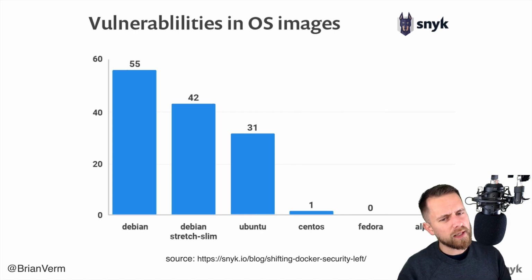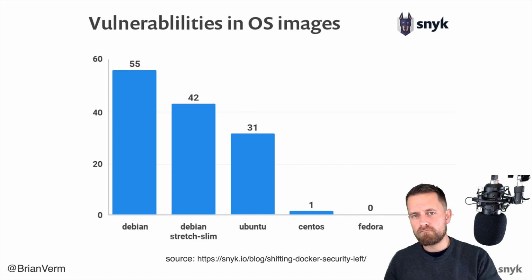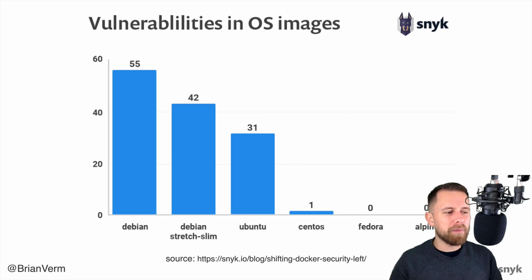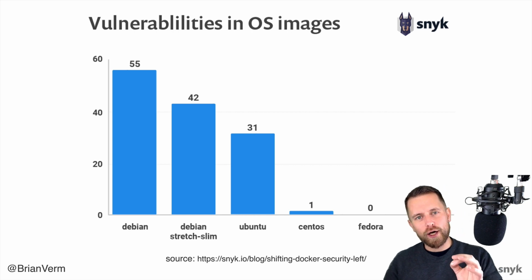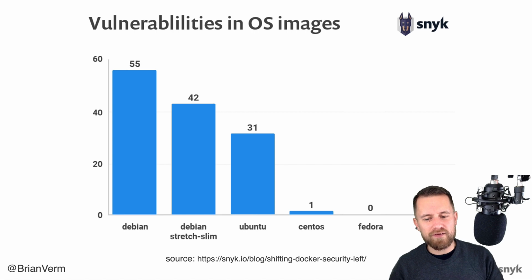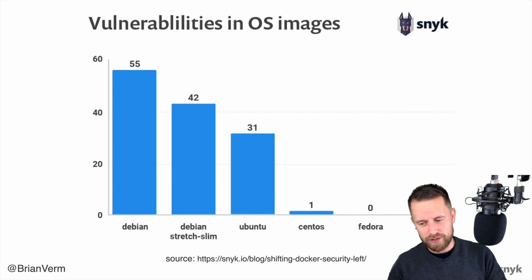That makes you think: do you actually need a full-blown operating system to run your Spring Boot application or your Quarkus application? Probably not. So not just taking the latest image like you see at the first bar with Debian, but taking, for instance, Debian Stretch Slim, already reduced the amount of vulnerabilities you have to worry about.